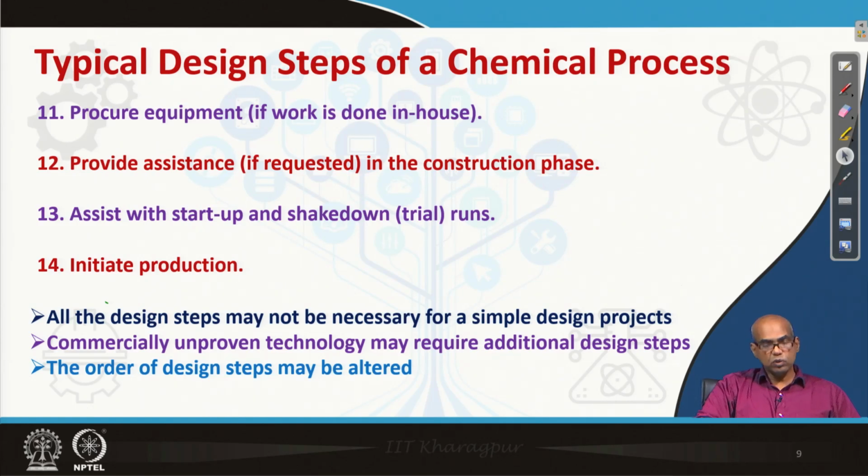For a simple design project, all the design steps may not be necessary. On the other hand, a commercially unproven technology may require additional design steps. Also, the order of design steps may be altered depending on the problem at hand.